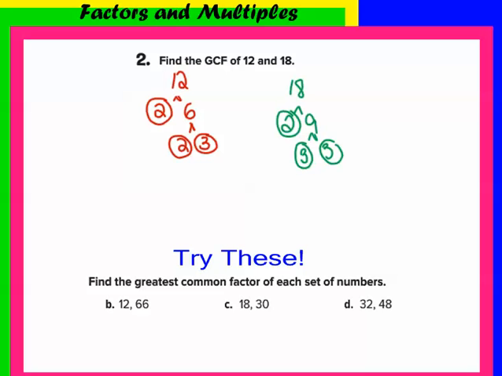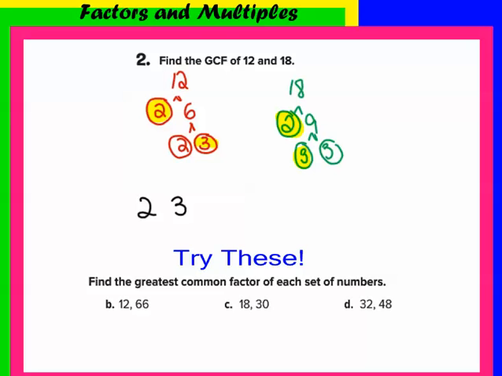So now our job is to look for common factors, the prime factors that show up on both trees. And when I look, I see a 2 and a 2 on both of the trees, so I'll record that down here. And then I also see a 3 and a 3 on both, so I will record that.